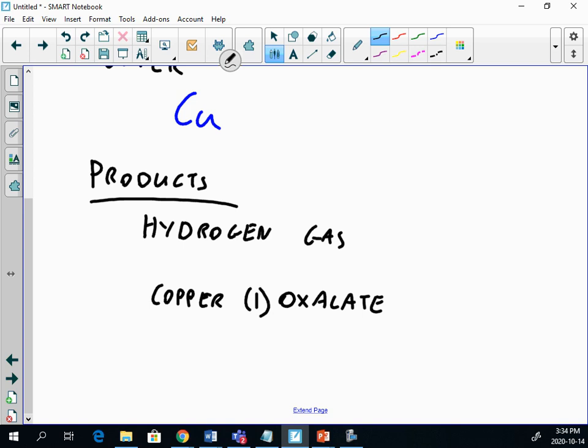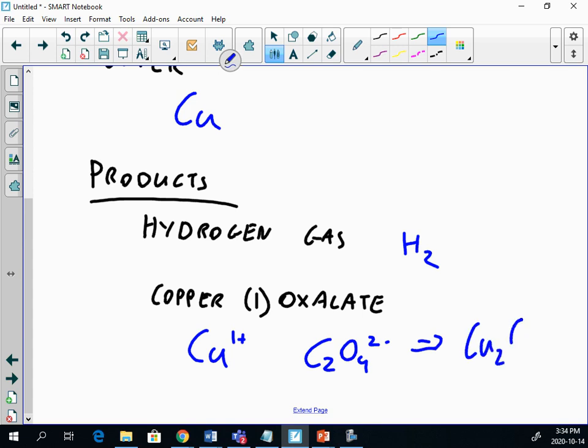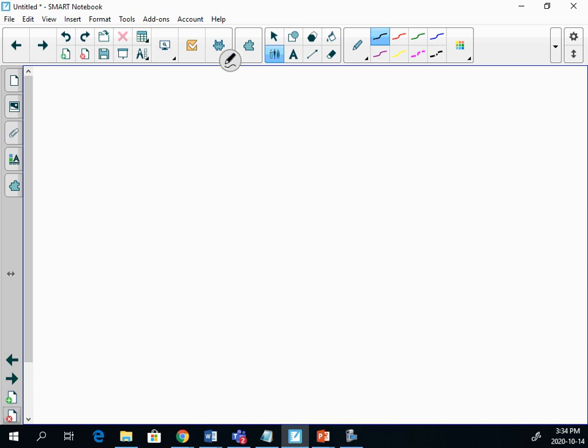You need that information because you wouldn't be able to guess which form copper took without it. Hydrogen gas is, of course, H2. I told you that we were dealing with copper 1. Oxalate is C2O4 with a 2- charge. So when I balance that against copper, I get Cu2C2O4. And I've identified all my products and all my reactants. So I'm ready to balance a reaction.